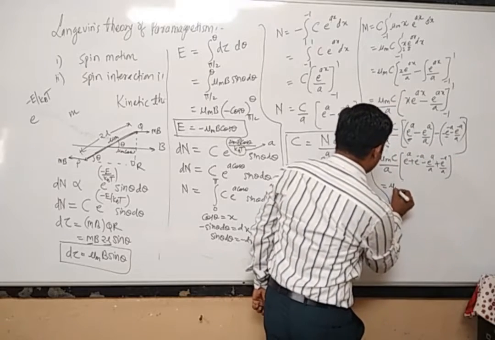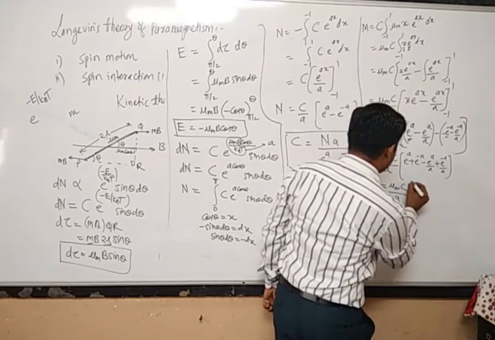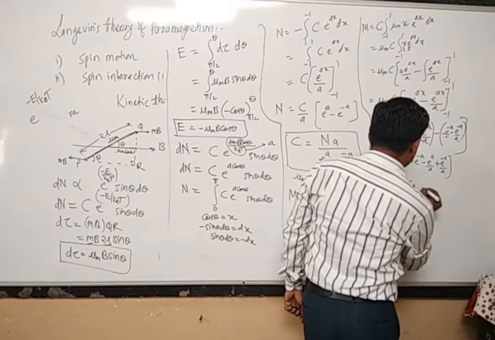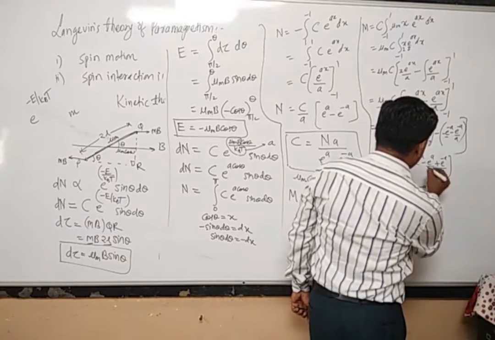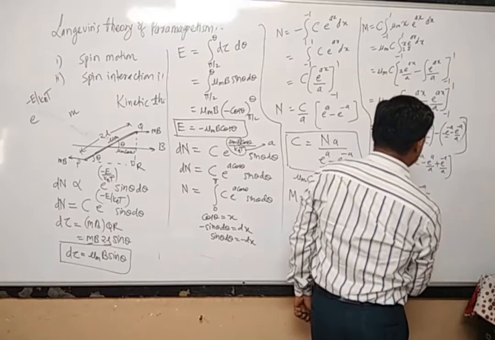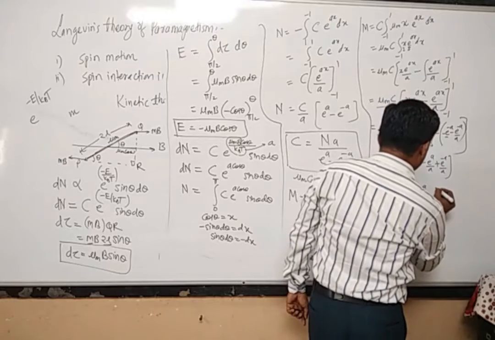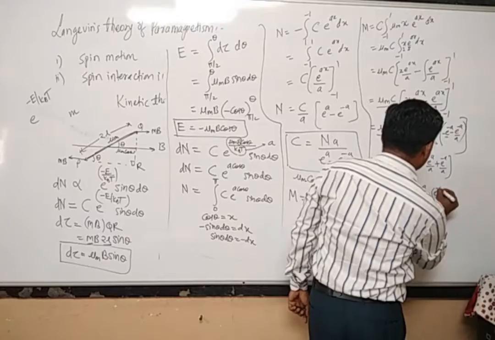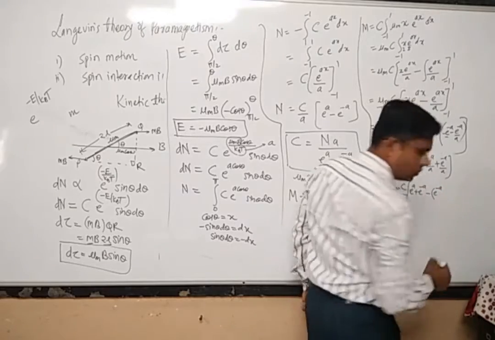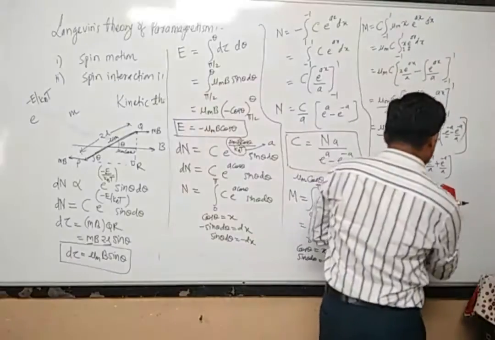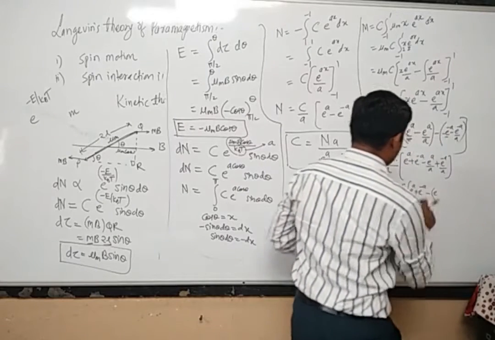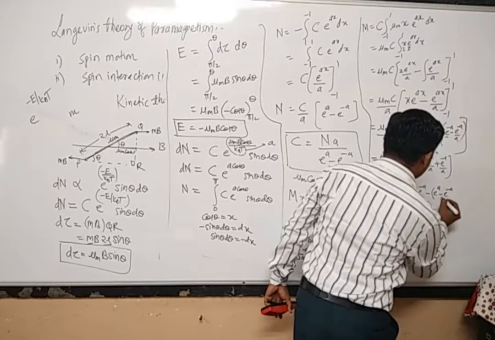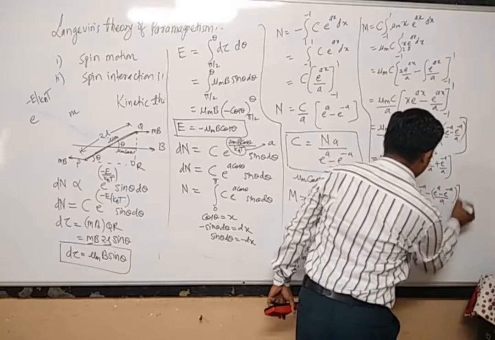So μm into c divided by a, again e raised to power a plus e raised to power minus a. Taking the minus sign common, it will become e raised to power a minus e raised to power minus a, divided by a.